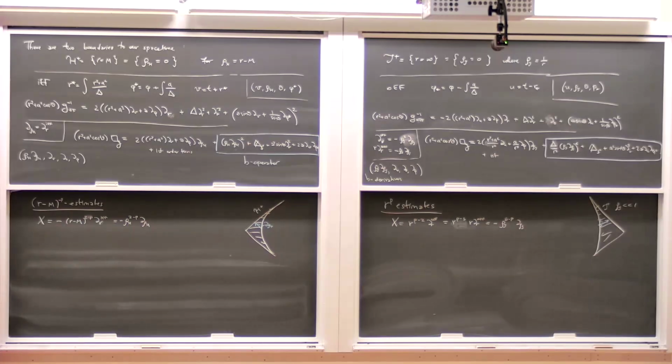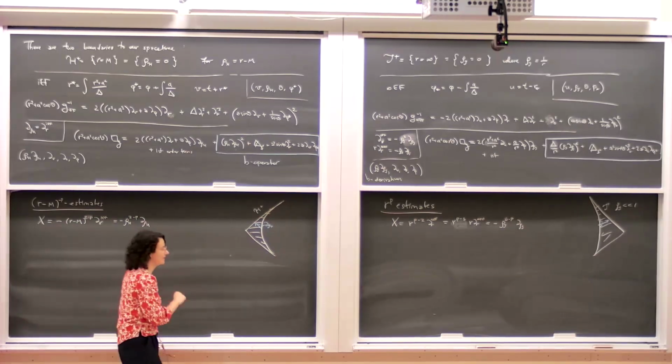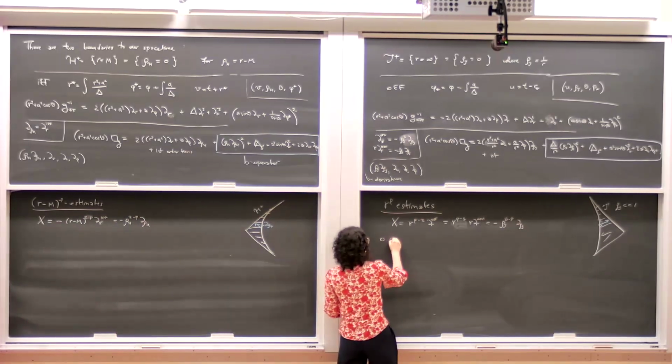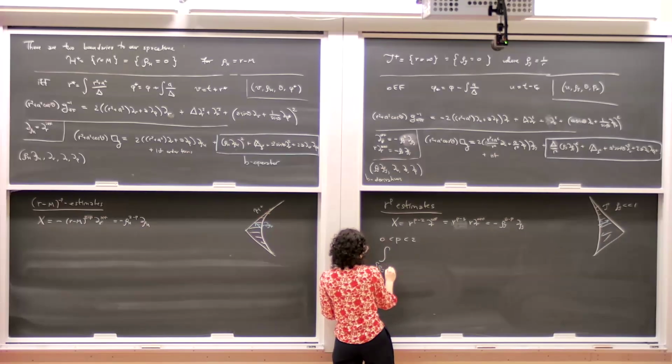So what does this allow you to give? Well, let me start with the r^p case. For p between 0 and 2, you get some integral on the region where your rho is very small.